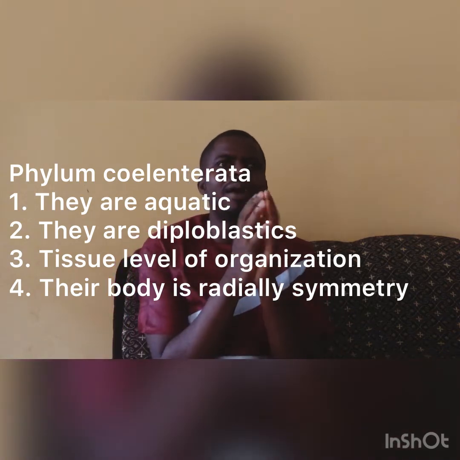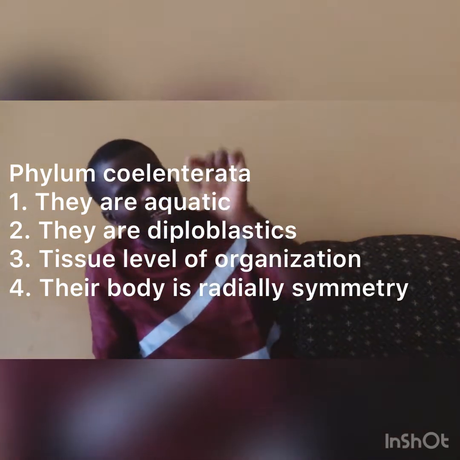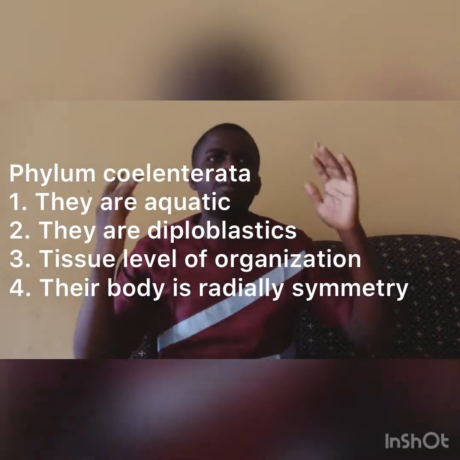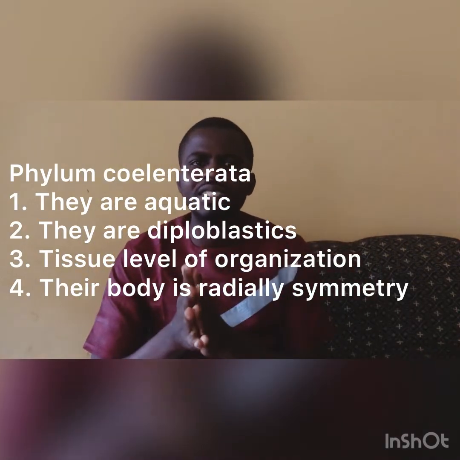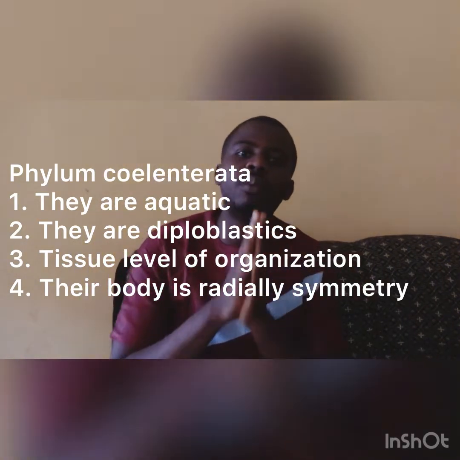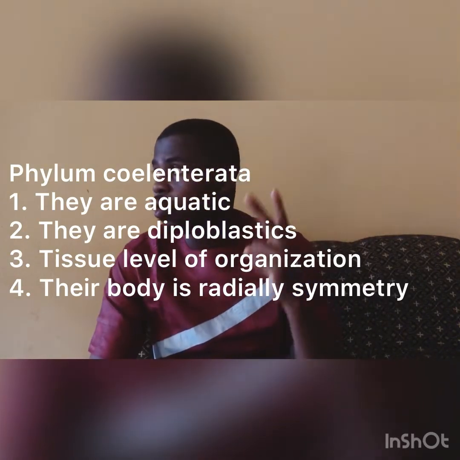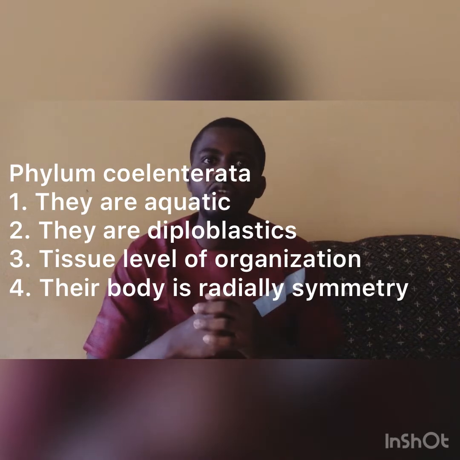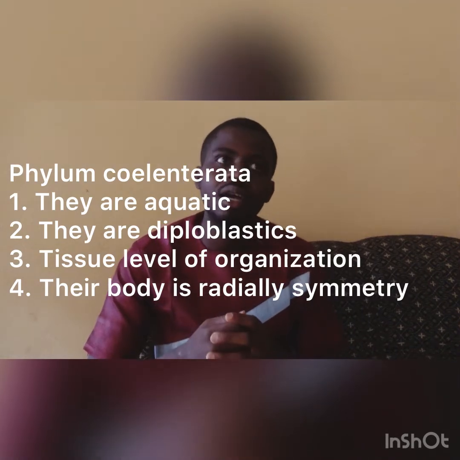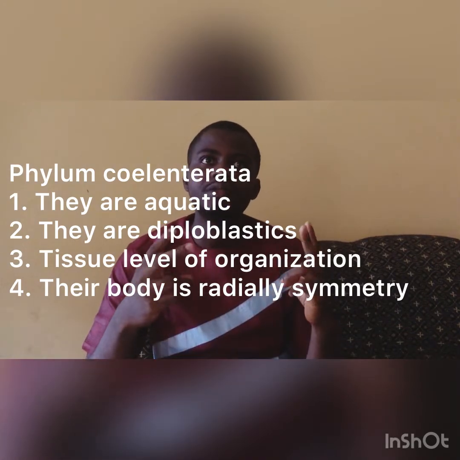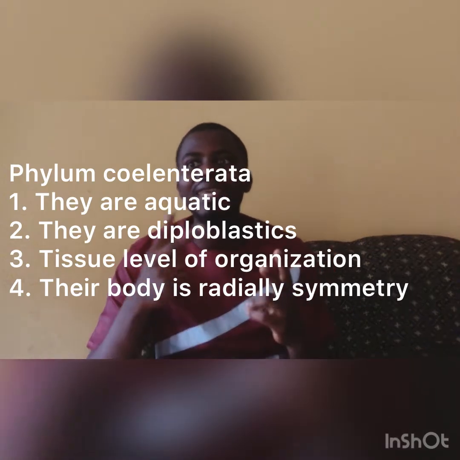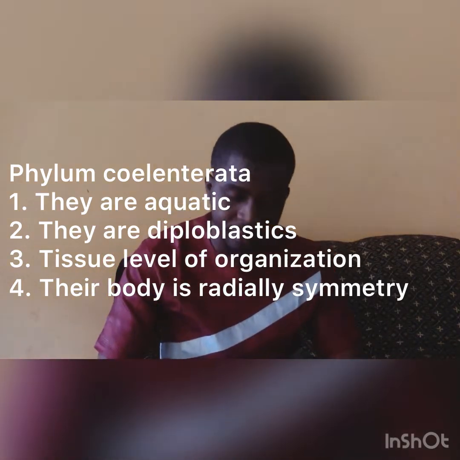And whenever you hear that word diplo, what will come into your mind when we are talking about diploblastic? That means they have 2 body layers. That's the meaning of diploblastic. And the 2 body layers that they have are the ectoderm and the endoderm.